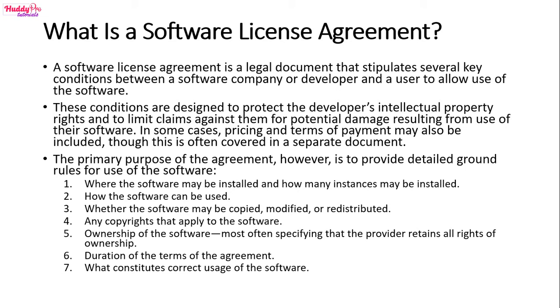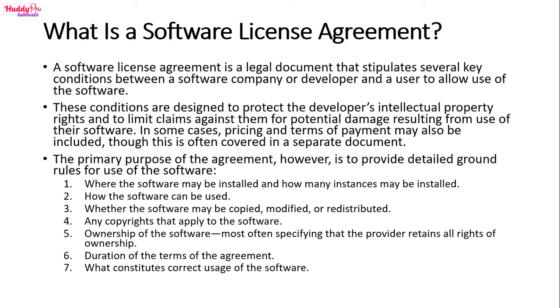One, where the software may be installed and how many instances may be installed, how the software can be used, whether the software may be copied, modified, or redistributed, any copyrights that apply to the software, the ownership of the software. Most often, here we are specifying what the provider retains. We are specifying that the provider retains all rights of ownership.